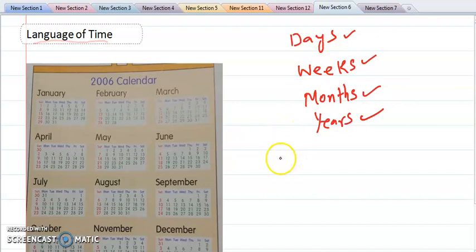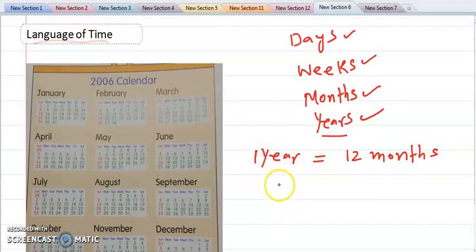Remember, let's start with the largest one first. 1 year is equal to 12 months. And if we say 1 month, the month is larger than a week.